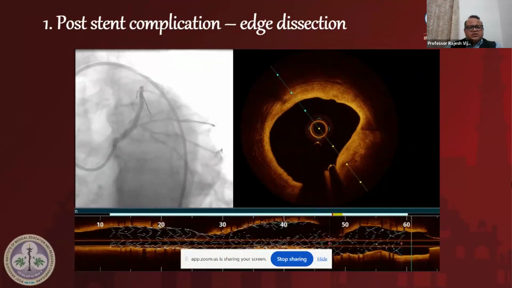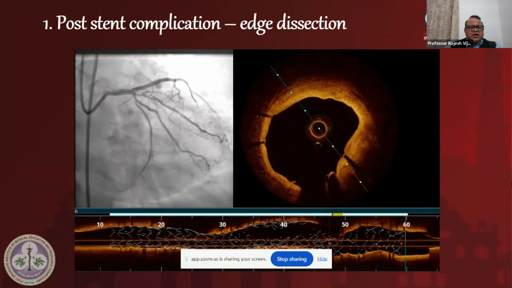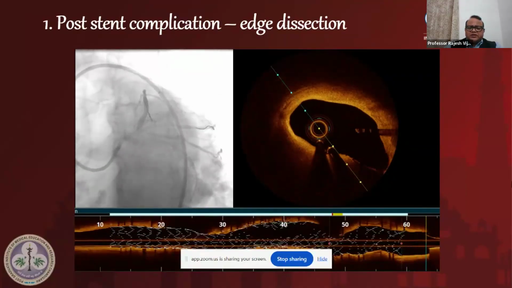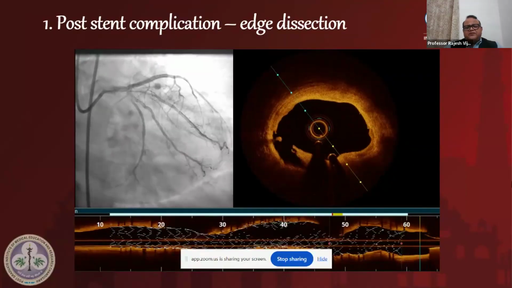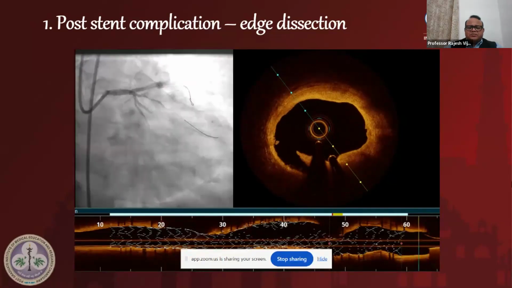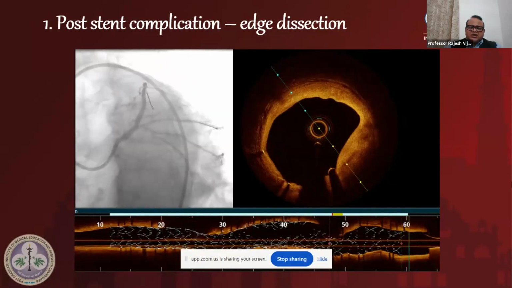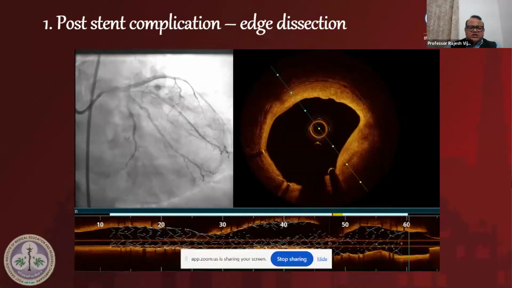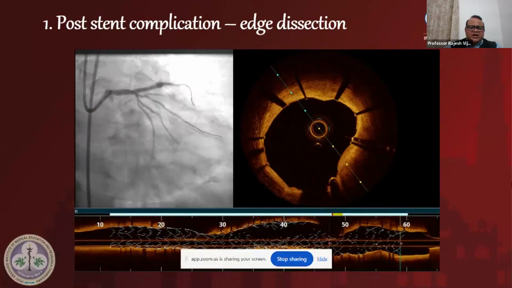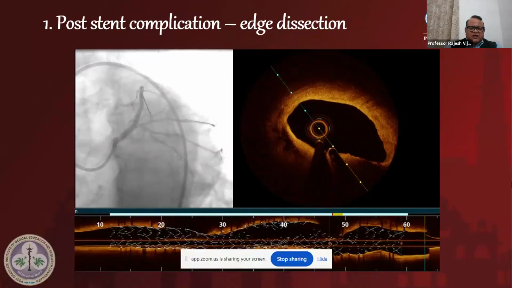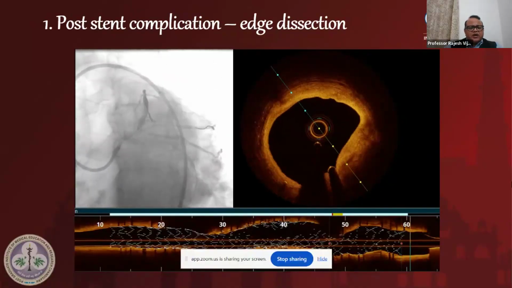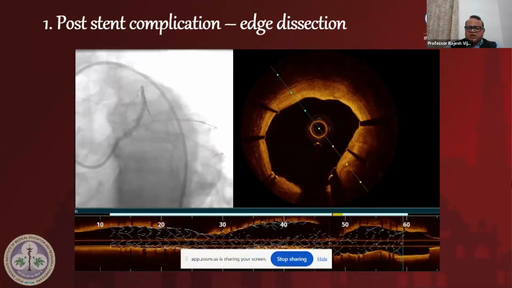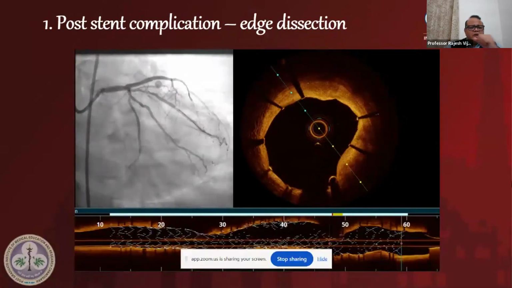Angiographically, we would have missed the ostial or proximal left main dissection, which could be nicely picked up with OCT imaging. And then you can define whether it's a complex or simple dissection. Here, as per the definition, more than 60 degrees, more than 2 millimeter, and depth extending to the media is the one which requires another stenting, and therefore we went ahead with an additional stent into the left main ostium as well.